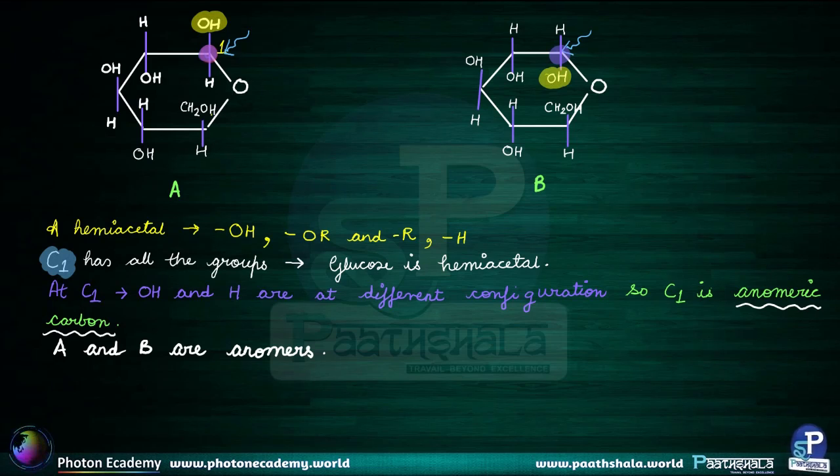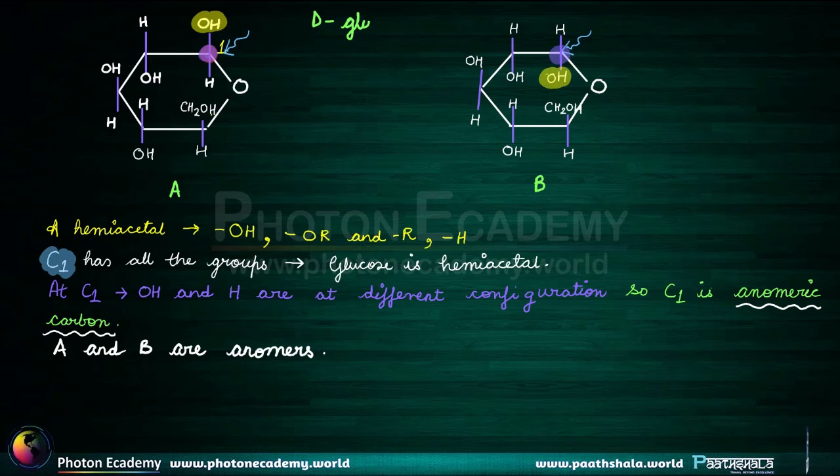Now I can therefore say that this D-glucose is existing in two cyclic forms, and both of them are anomers.